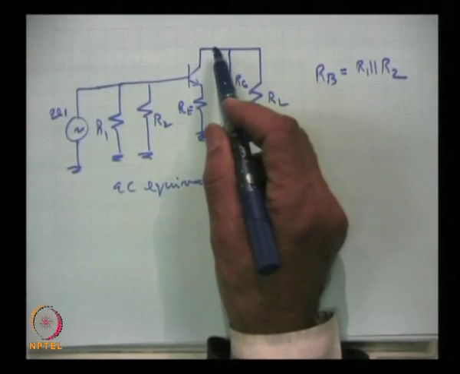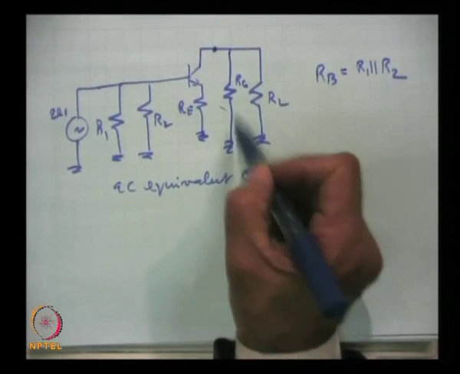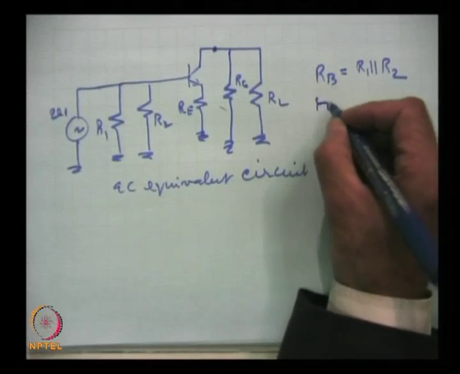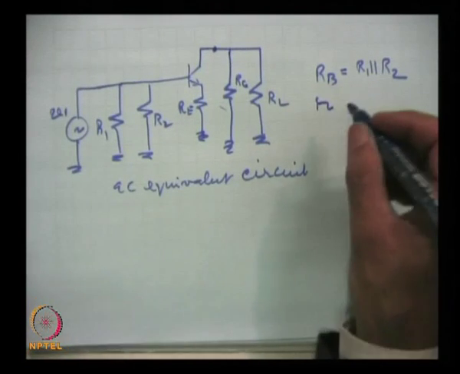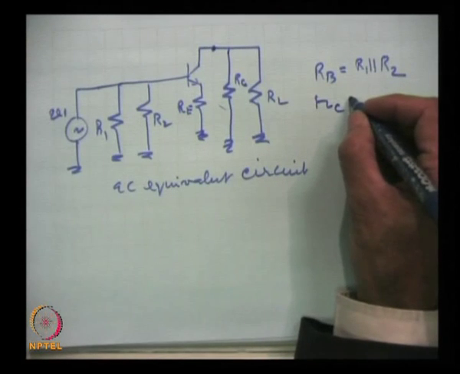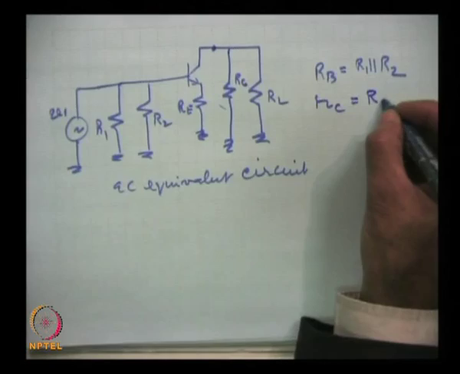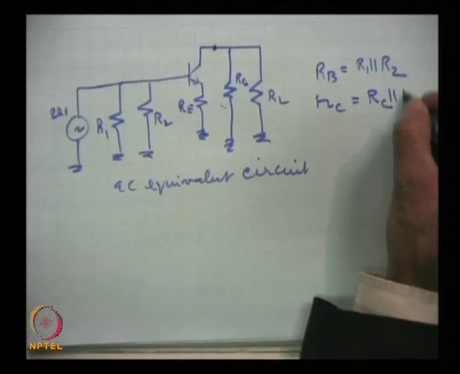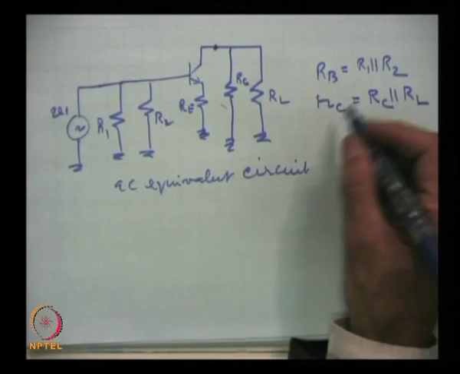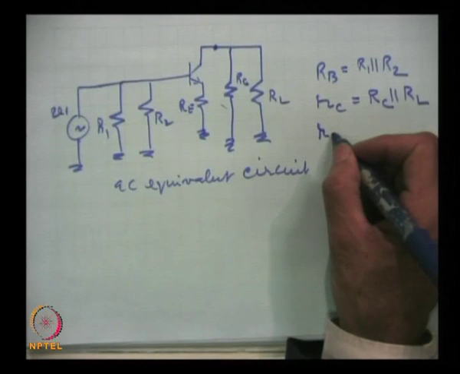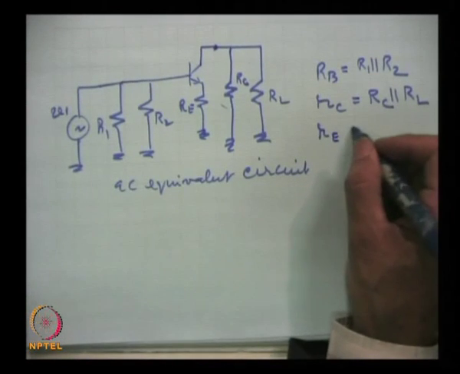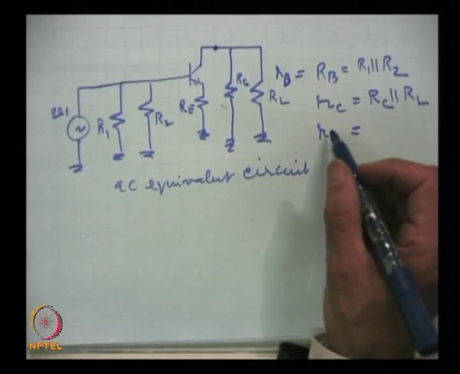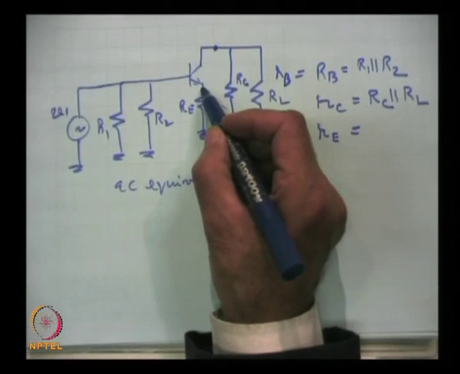So, what is the effective impedance which the collector will be seeing, these two are in parallel. So, RC is simply this capital RC, the resistance which is used with the collector in parallel with the load resistance, and RE, we can write in small also, one and the same thing, and RE is the effective resistance as seen by the emitter.